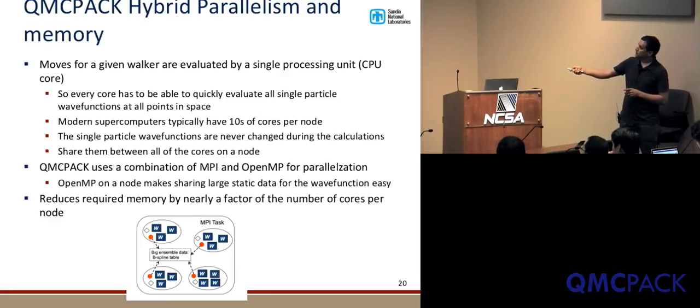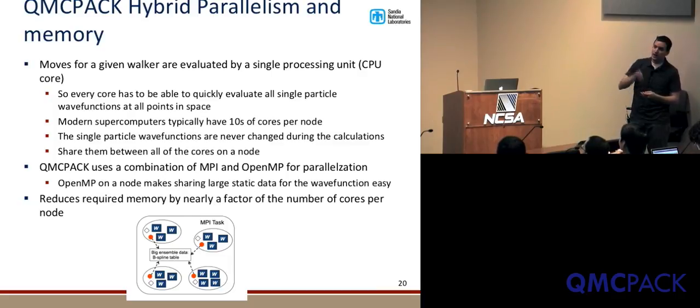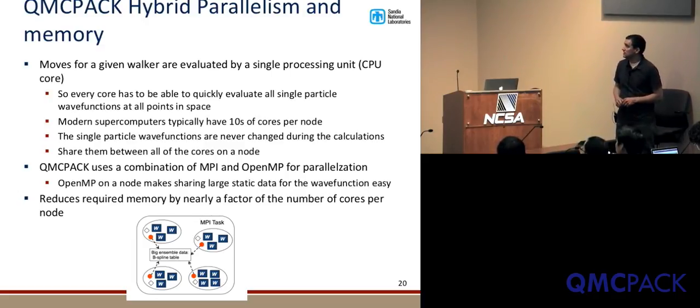And each one of those will have the trial wave function, or the antisymmetric part of the trial wave function. But you don't have a copy of it per core, like you might in an MPI-only code. And for these solid-state calculations, that often makes all the difference in being able to run or not.